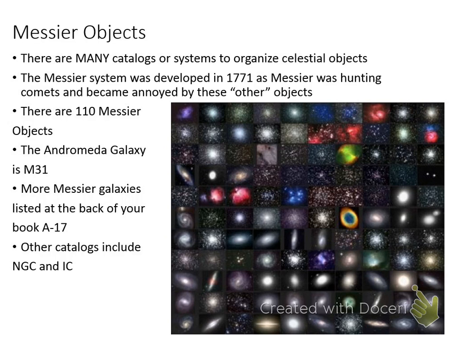He was looking for comets, so he assigned his underlings to find these fuzzy things that weren't comets, to get them out of the way, because he was looking for comets. So these were his throwaways. They're fuzzy things that oftentimes you can see through binoculars, and they come in categories. You probably recognize the spiral structure; these are spiral galaxies.